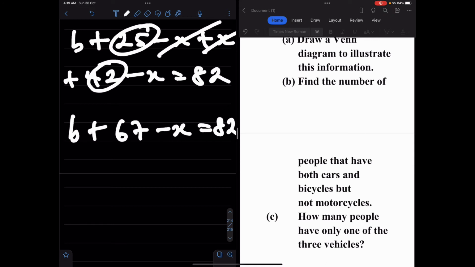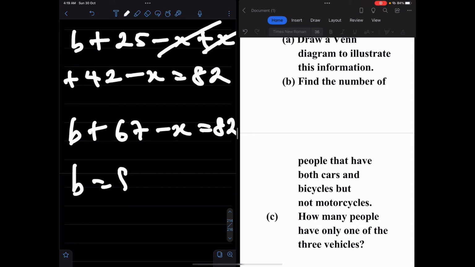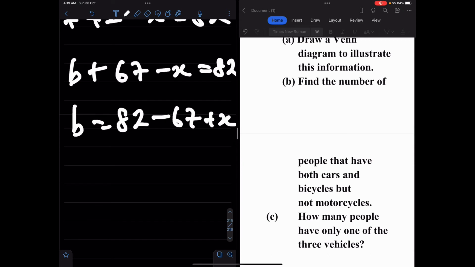That means B equals 82 minus 67 plus X. 82 minus 67 is what? 67 plus 13 is 80, and that's 15. So B equals 15 plus X.